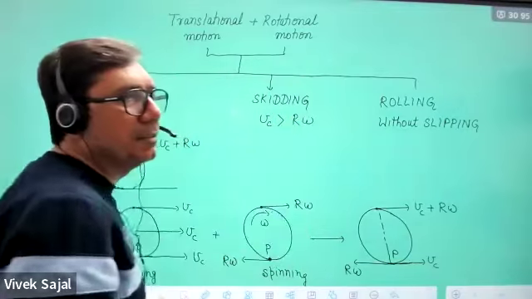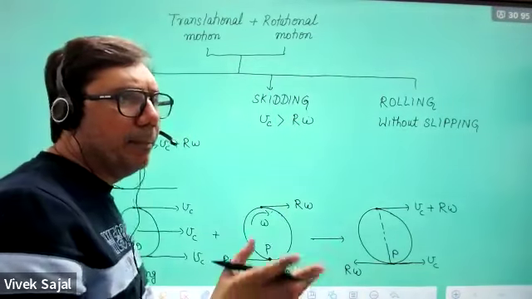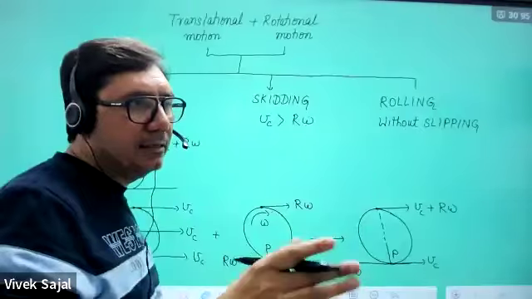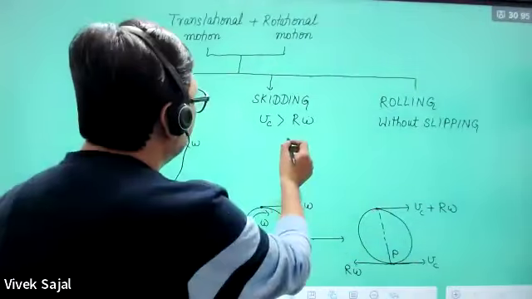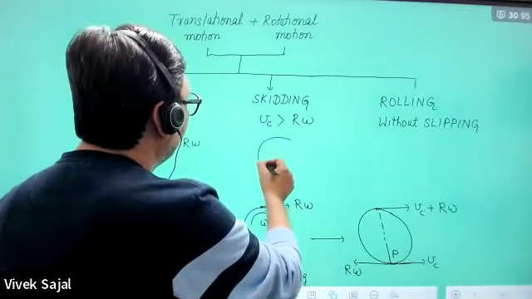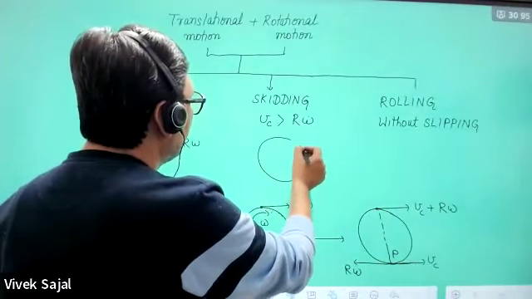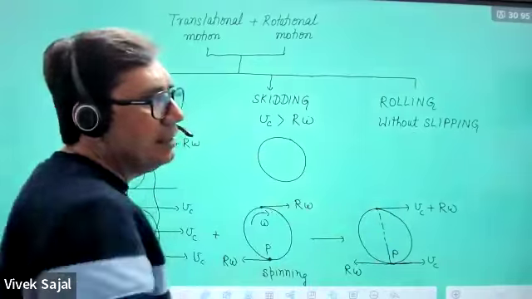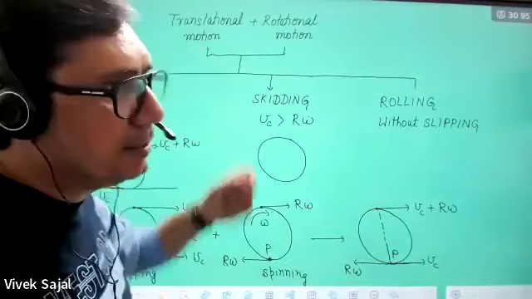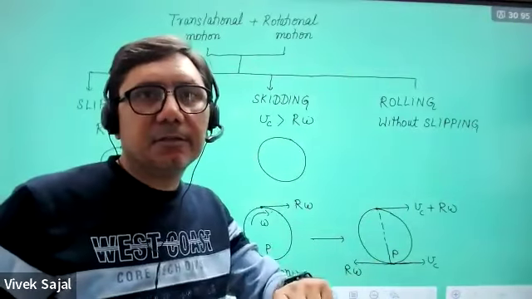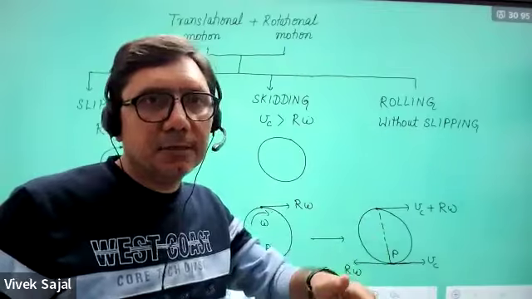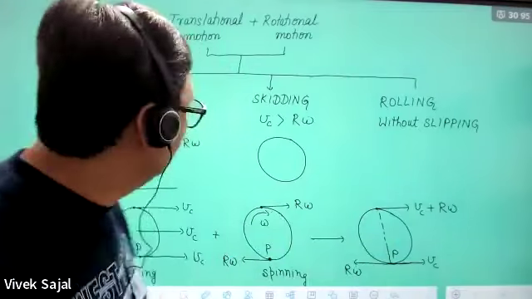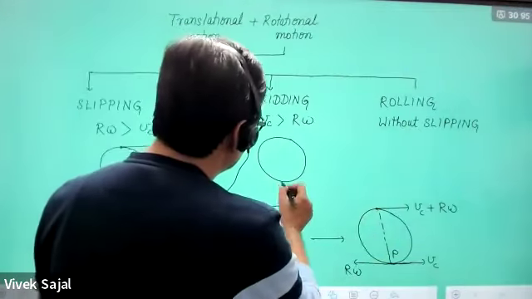Many times your bikes and cars can skid. That type of case is this. But remember, in all three cases, because rolling is taking place, friction is a must. Because without friction, no torque is there to rotate. Rotational motion is not possible.